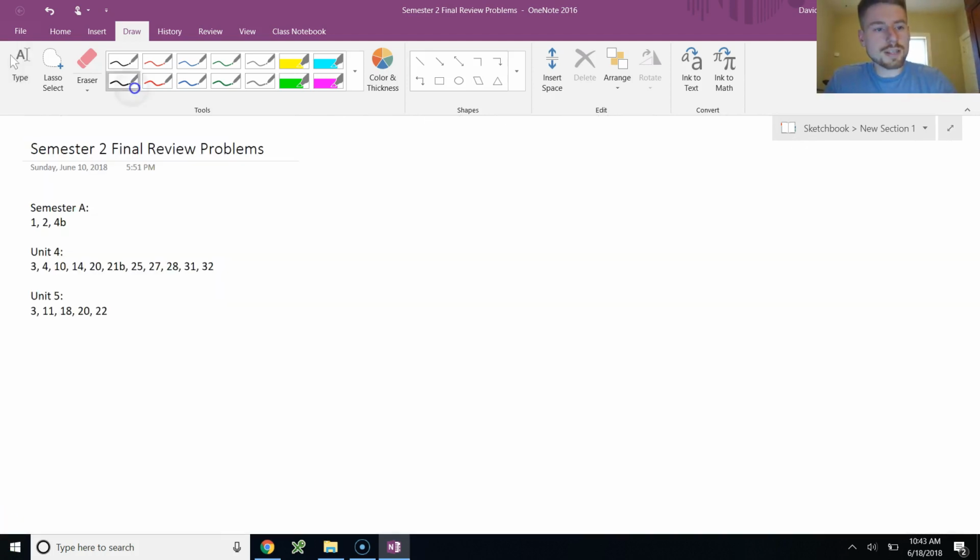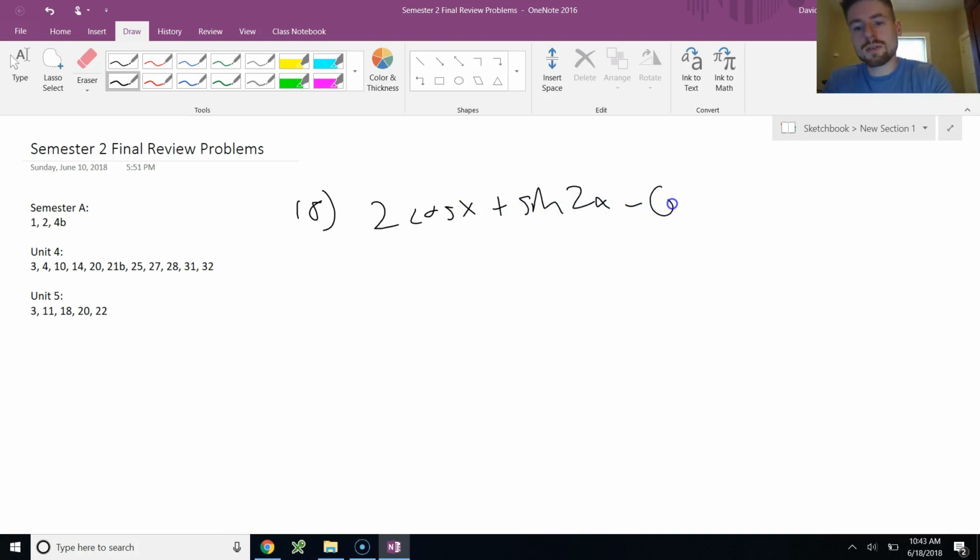Okay, so next question is number 18 from Unit 5, and this is solve the equation 2 cosine x plus sine of 2x equals 0. And this is tricky because they don't have the same argument. One's x, the other's 2x.